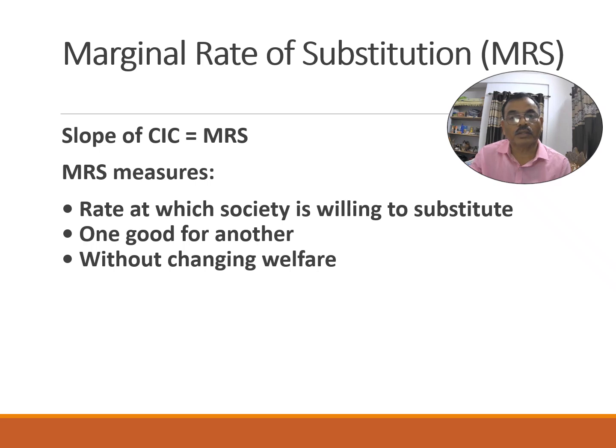On the other hand, MRS represents willingness to substitute from the consumption side. Thus, production decisions depend on marginal rate of transformation, while consumption decisions depend on marginal rate of substitution.